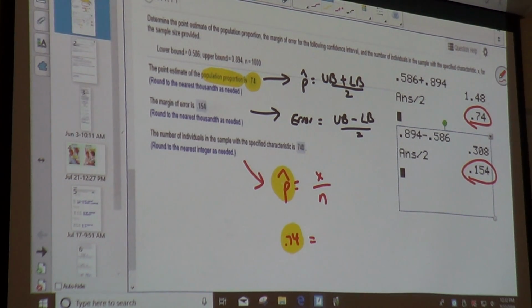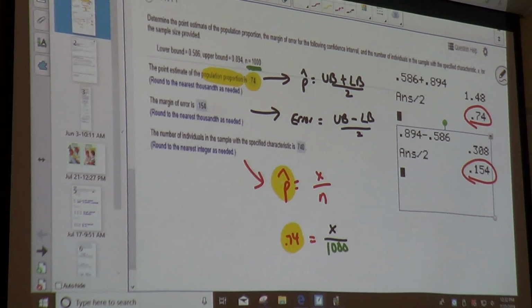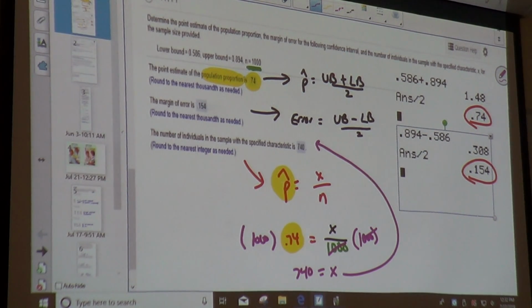What are we looking for? What is our N? Our N is right here. Our N is 1,000. We're trying to find X. So what do we do to both sides to get X by itself? We multiply both sides by 1,000. That's where the 740 is coming from.